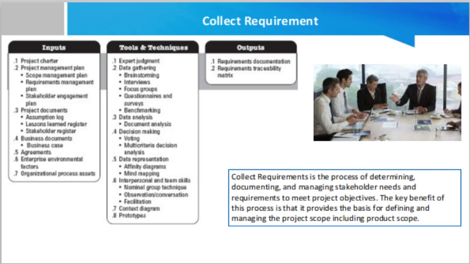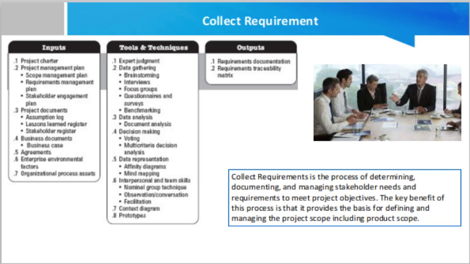So the primary outputs of the collect requirements process are requirements documentation and the requirements traceability matrix. As we discussed earlier, the primary inputs for the collect requirements process are the outputs of the plan scope management, develop project charter, plan stakeholder management, and identify stakeholders processes.